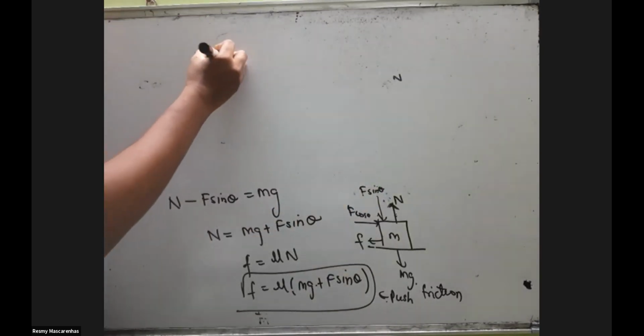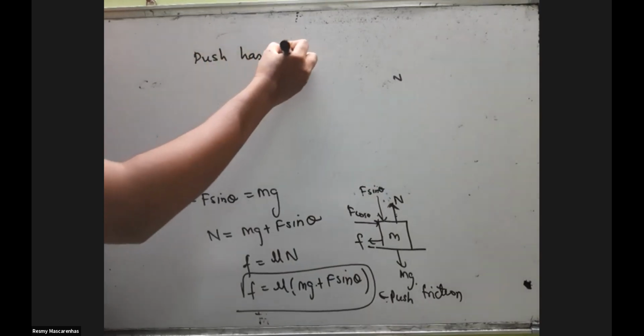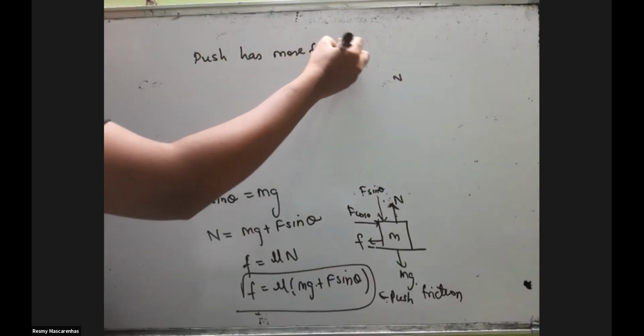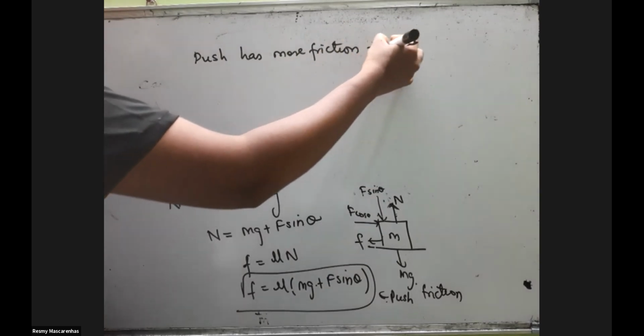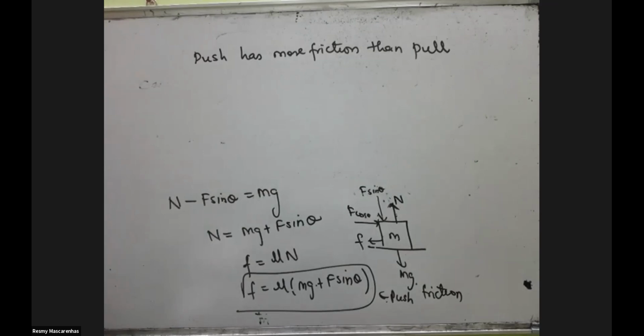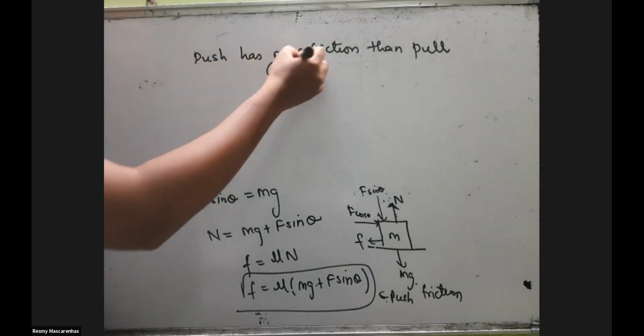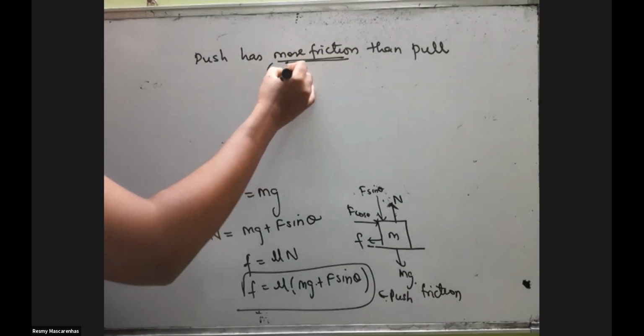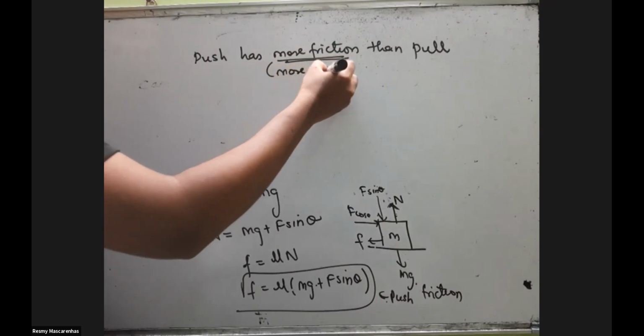We can write: push has more friction than pull. So more friction means what? More friction means more opposition.